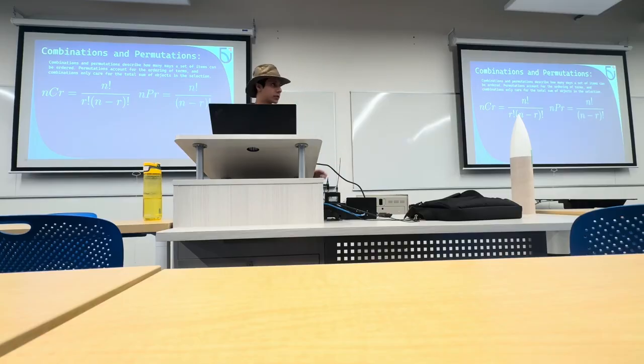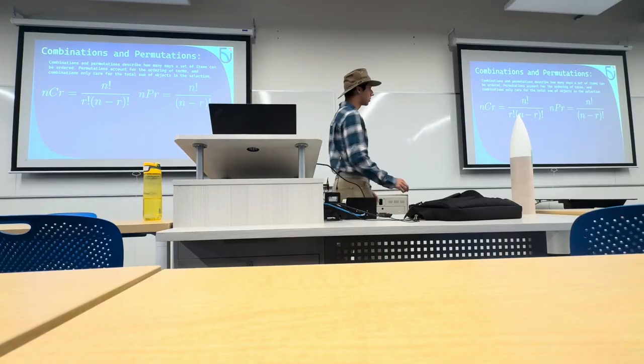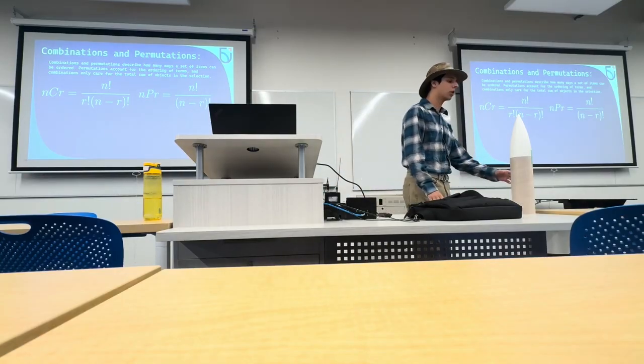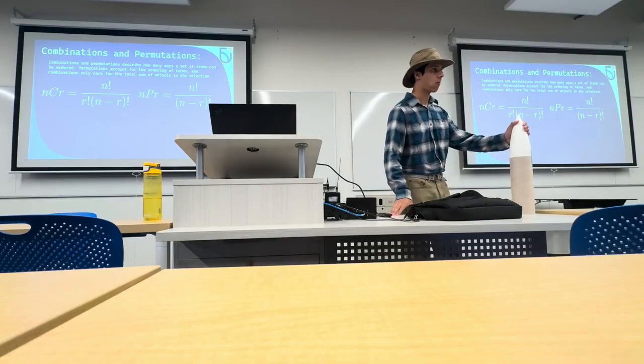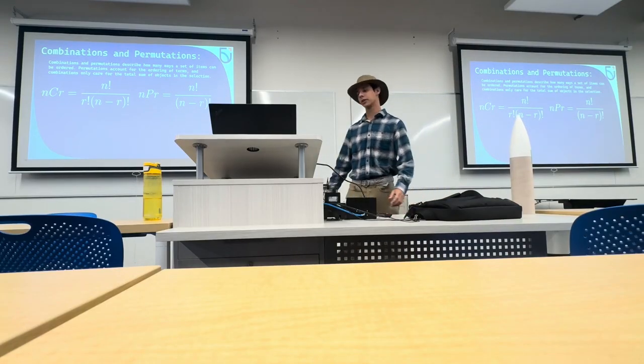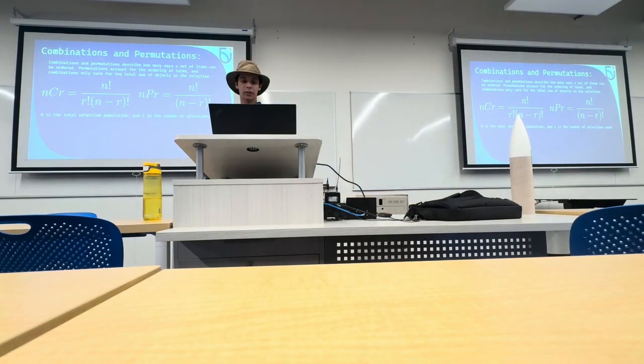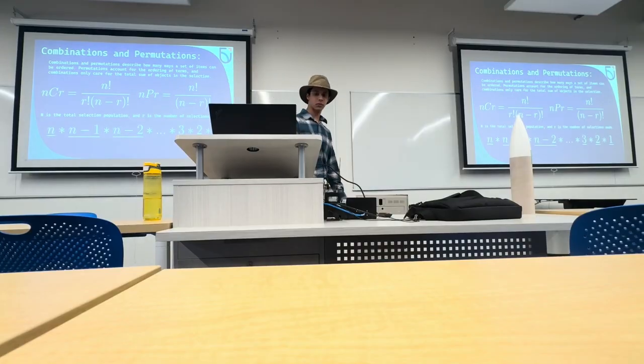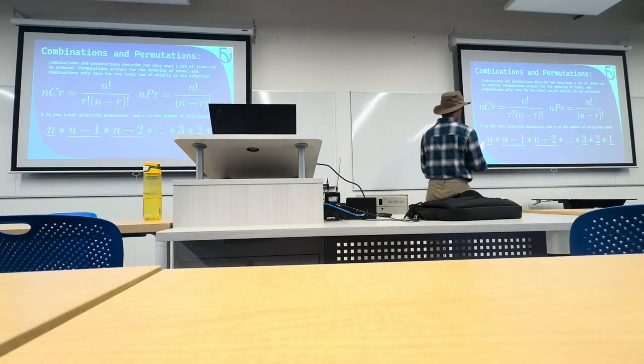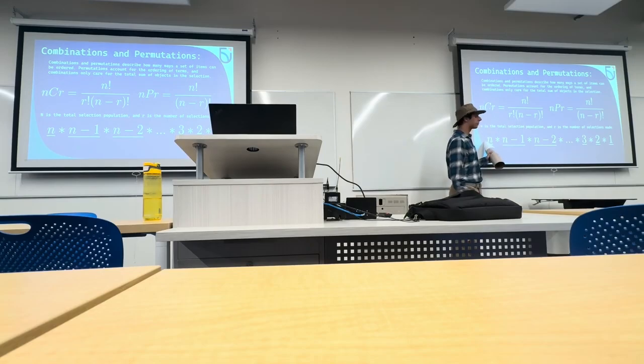Permutation is very, very similar. The only difference is that it cares about how items are ordered. So I'm going to pull up the next visual here, and we'll talk about why they look a little different. So this is a permutation, n factorial, sorry.